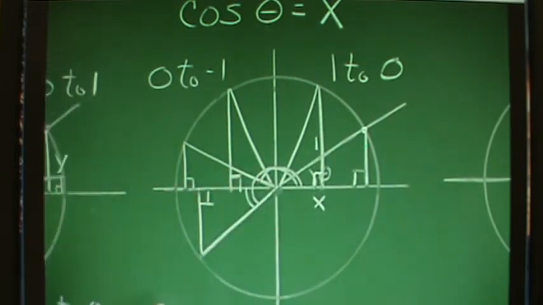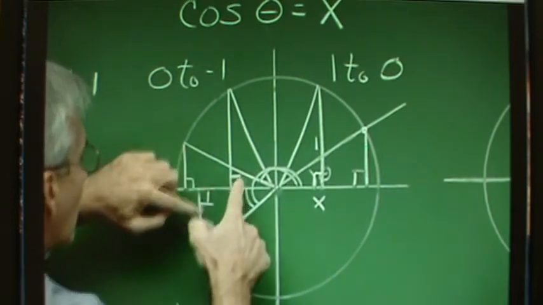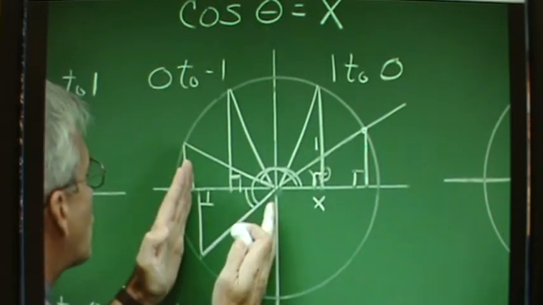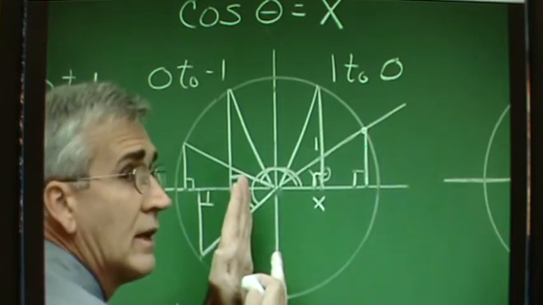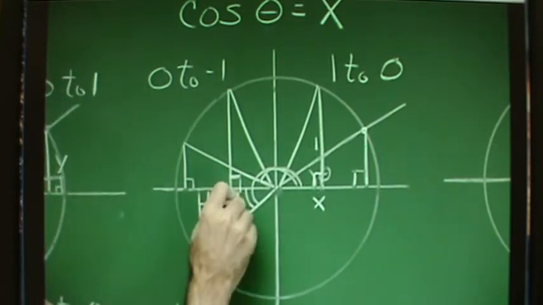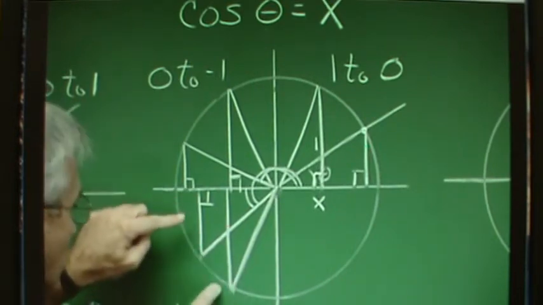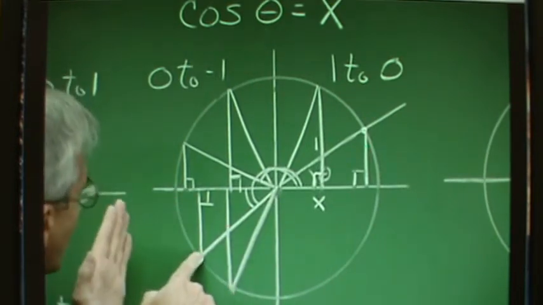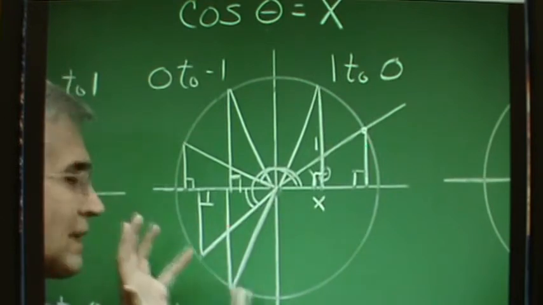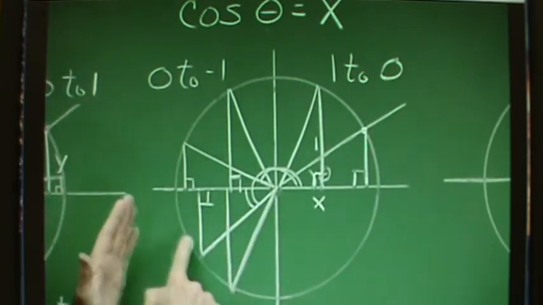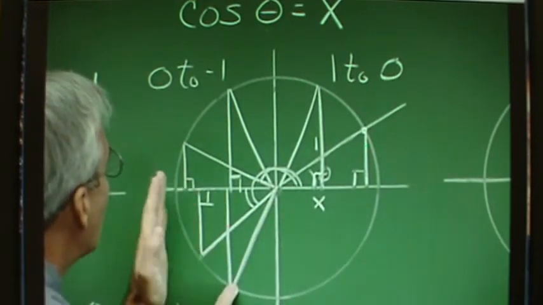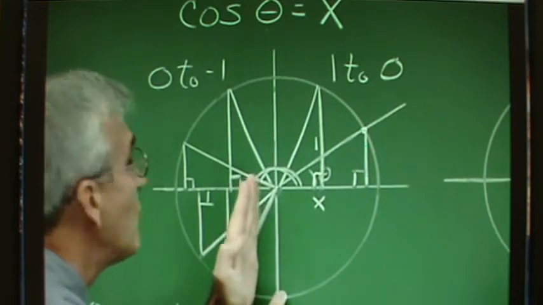So it's -1 to 0 as that angle increases and the triangle moves like this. This vertex point is moving just along that circular path. Just imagine that happening and how the value of x is going from -1 and moving back to 0.